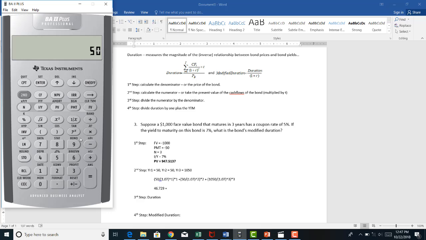Take my $50 coupon divided by 1.1449 equals $43.67. This is the present value of the second coupon. However, I need to multiply this by 2 because duration has me multiply this by the number of discounting periods, times 2. And I get 87.3439.